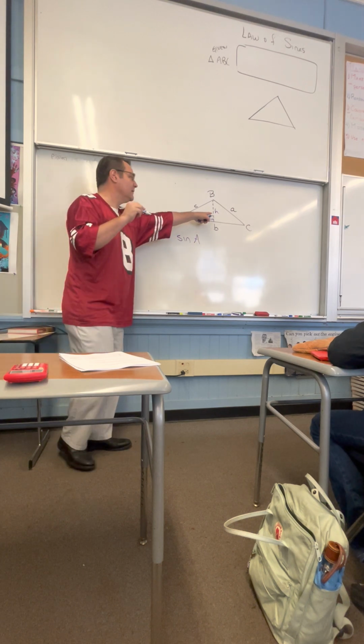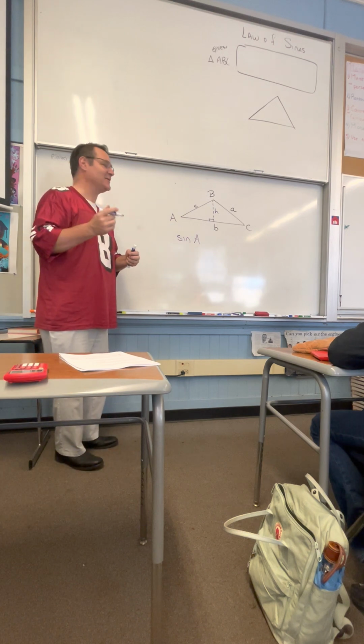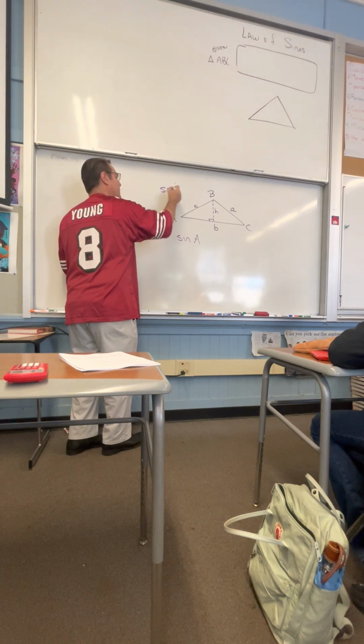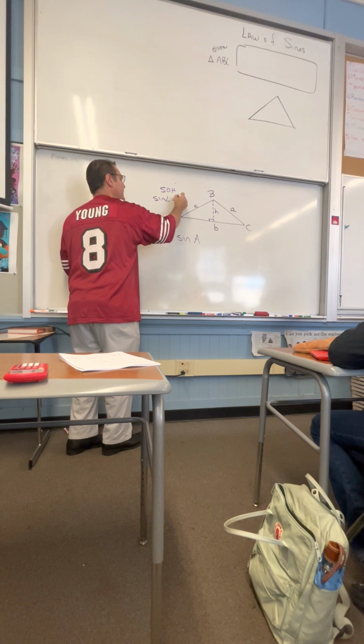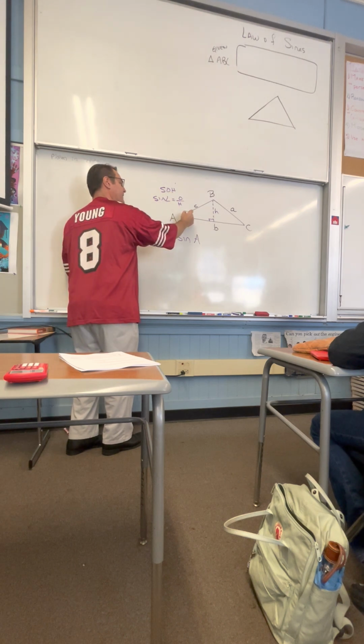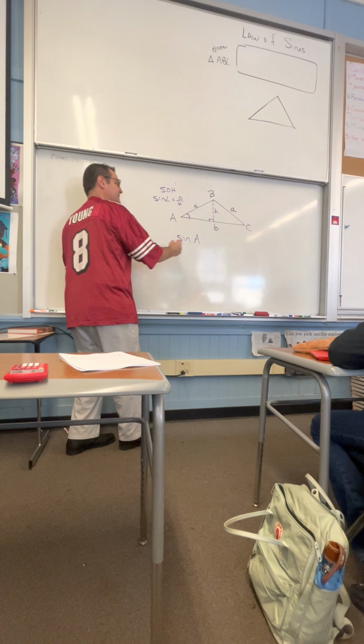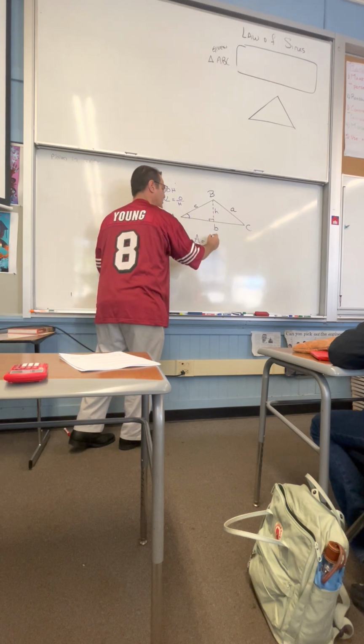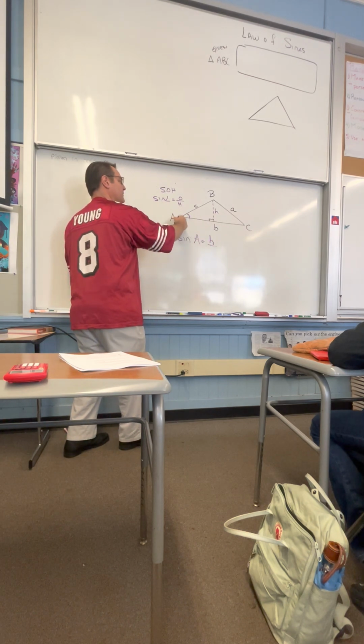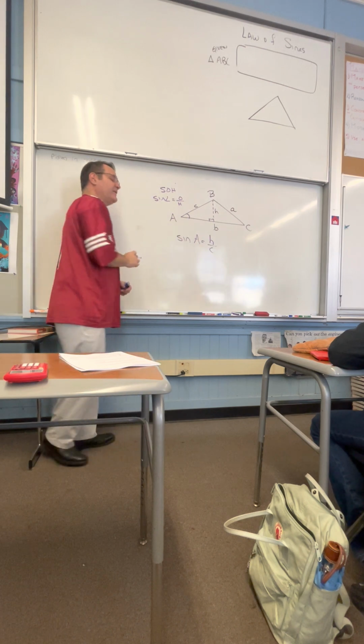H over C, good. So the sine of an angle is equal to the opposite over the hypotenuse. If this is the angle I'm talking about, what's the opposite side? H. And what's the hypotenuse? C. So the sine of A is equal to H over C.